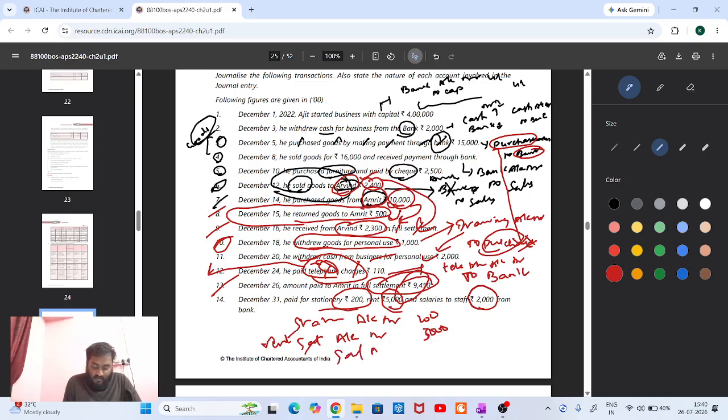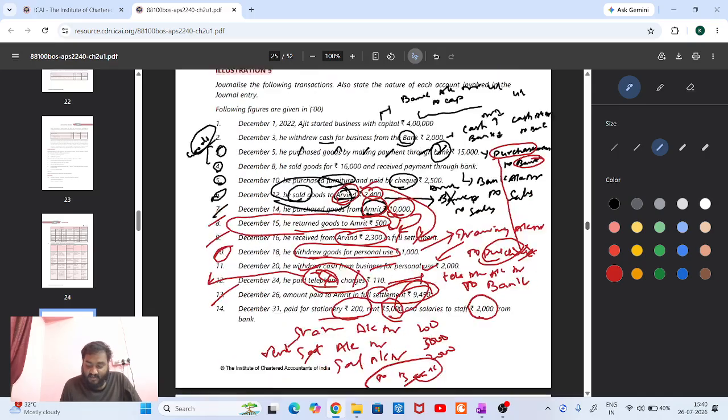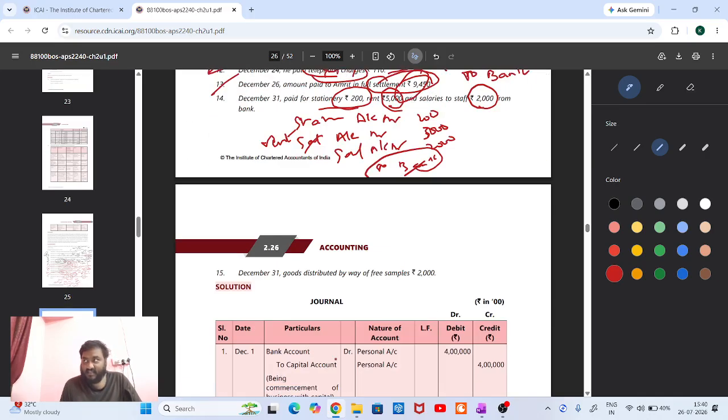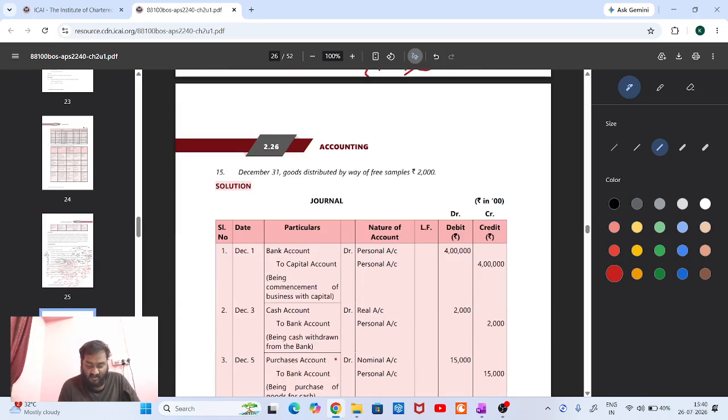Salary account debit 2,000 to bank. Bank is we are crediting the bank. After cash account that unit, you will understand way more clearly.